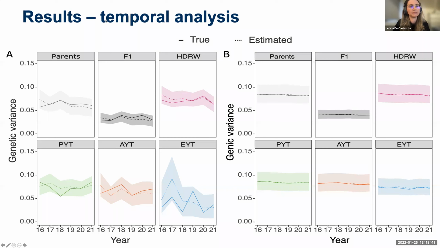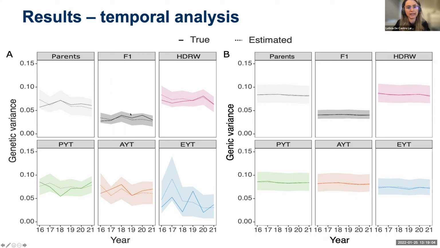Now here I'm showing the temporal analysis. I'm showing the evolution of genetic variance over time for different groups, and you can see that the posterior distribution with a 95% interval again matches the true values in the solid lines very well.